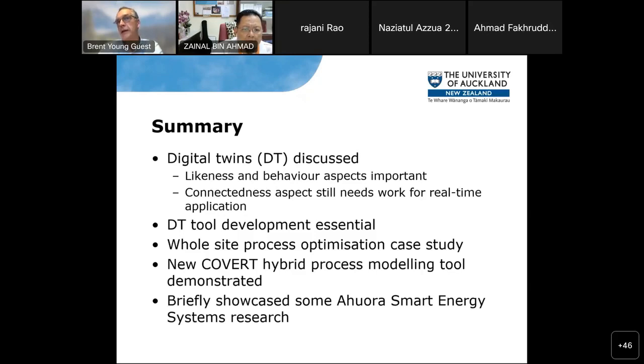I presented a whole site process optimization case study, which is really a beginning of work that we have started on this journey, and then looked at a new tool that we've also developed. And finally, the Smart Energy Systems Centre, Ahuora, where I showcased a couple of projects that we're doing at the moment.